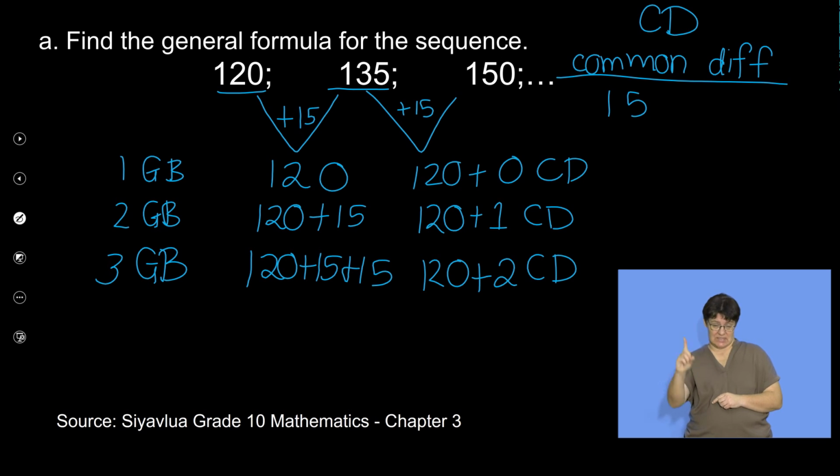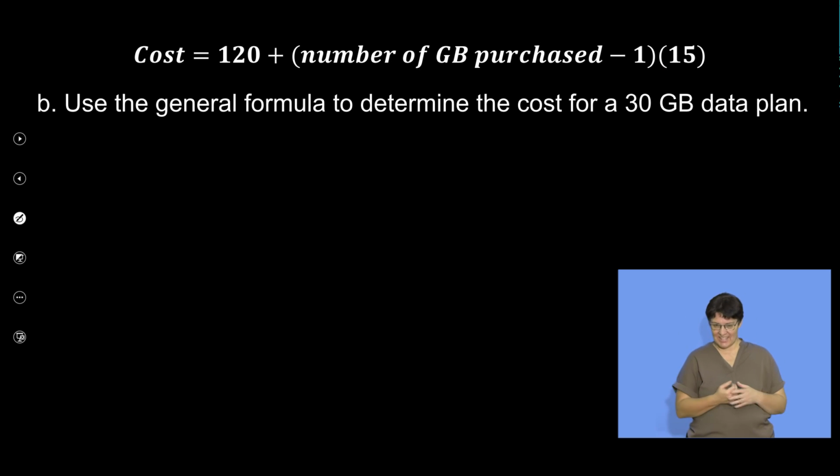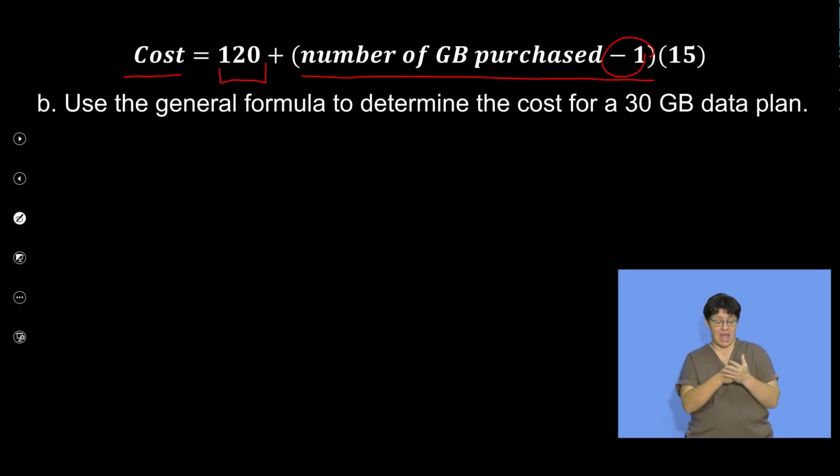But each time I added a common difference, I took 1 less than the actual gigabyte number. So for 3 gigabytes, I had 2 common differences. So I can actually write down my rule is that the cost is 120 Rand plus the number of gigabytes purchased minus 1 times 15.